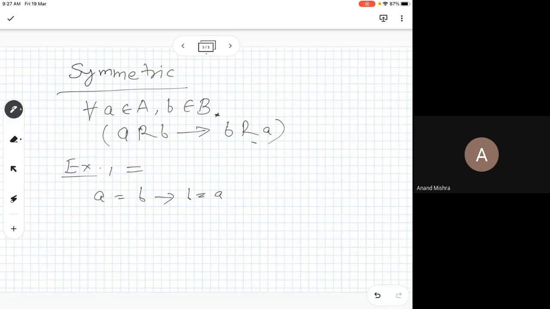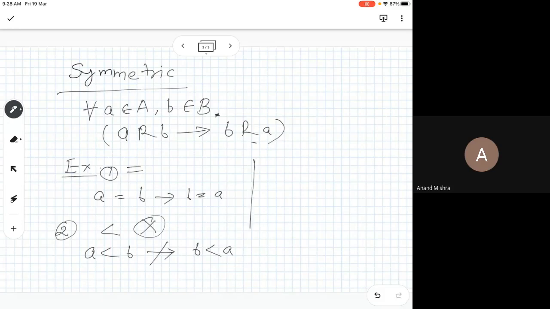It is not a perfect example of symmetricity because a is less than b does not imply b is less than a. So it is not a correct example of a symmetric relation.